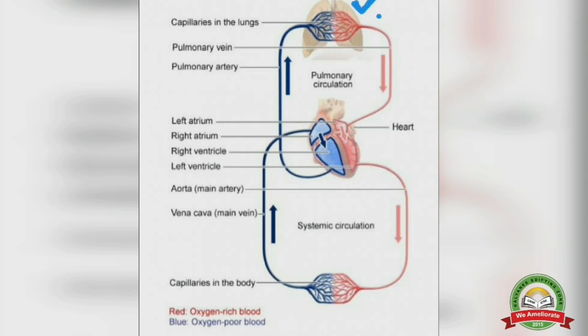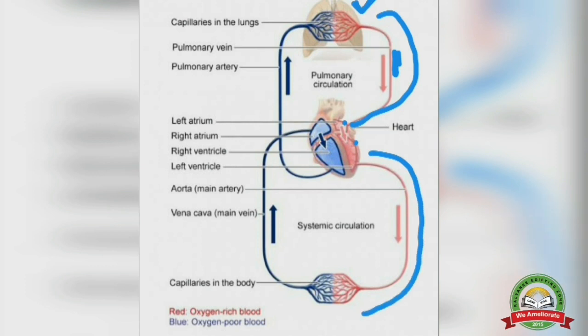So from the lungs here, first the oxygen-rich blood goes to the left atrium through the vein that is called the pulmonary vein. This vein is called the pulmonary vein. Then after entering into the left atrium, it goes to the left ventricle. From the left ventricle again it goes out to the body and it gets utilized in the body in the capillaries.